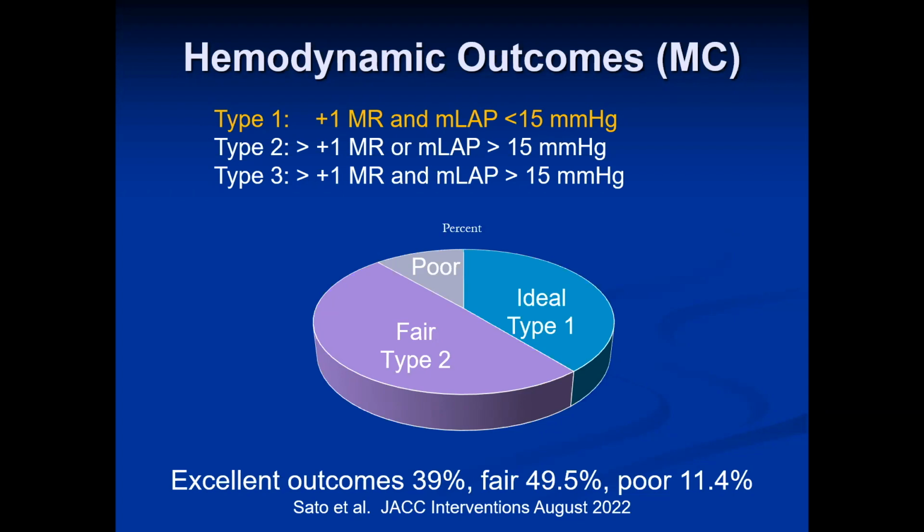And those are patients that have a residual degree of MR of 1+ or less, mean left atrial pressure of less than 15. 49% of patients have an intermediate outcome, meaning that they have either more than mild MR or persistent elevated left atrial pressures. And type 3, luckily, only 11% of patients have a poor outcome. They have both residual elevated left atrial pressures and more MR.